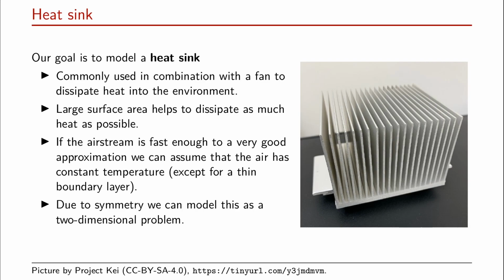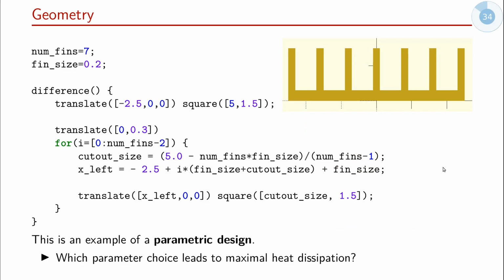Now, if we want to simulate this, then the first step is to actually create the geometry as a model. And so we are doing this again with OpenSCAD. What I want to show you on this slide is how you could model something like this in OpenSCAD. The approach that I would actually recommend that you all follow is that we first of all start with a square.